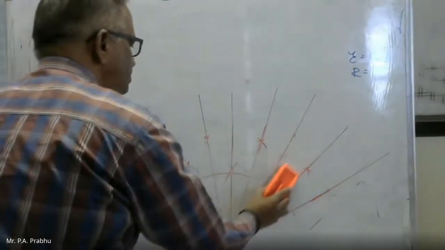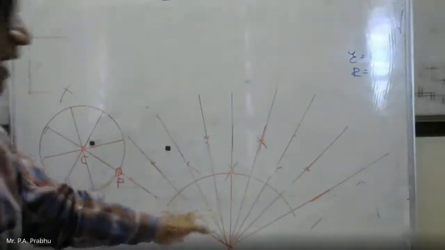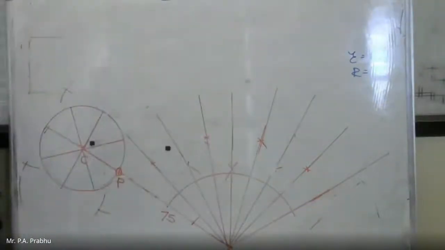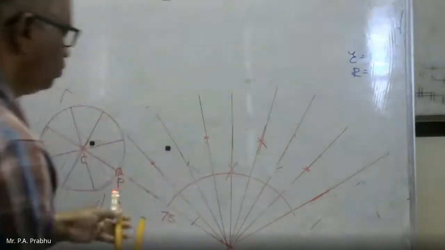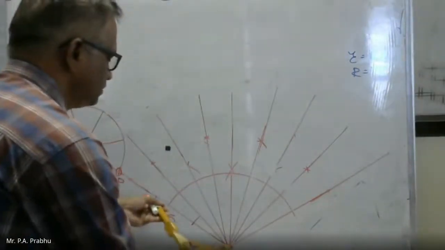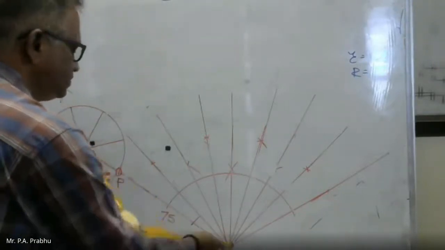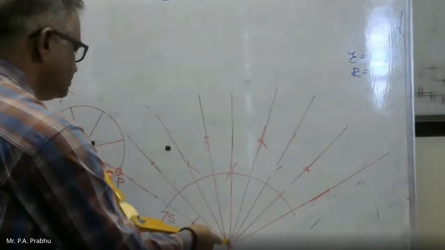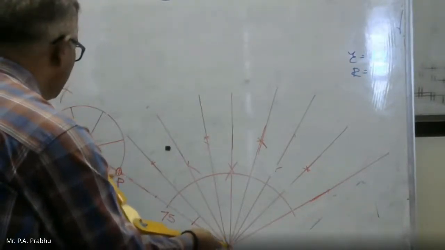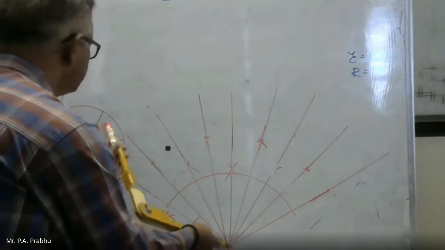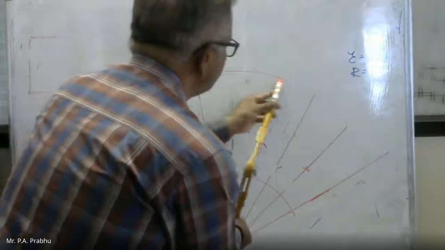In your procedure, only write down: divide this angle POP dash into 8 equal parts. Now, take O as a center and OC as a radius. Draw this locus of center C.